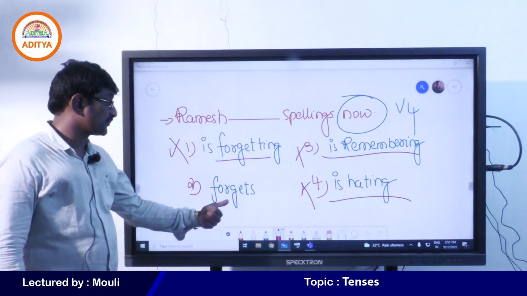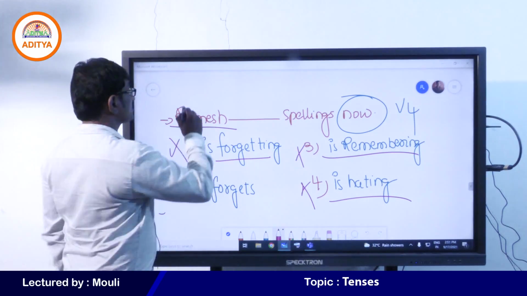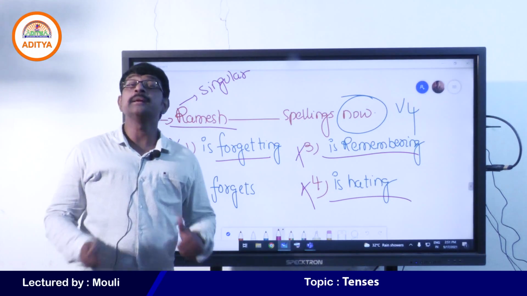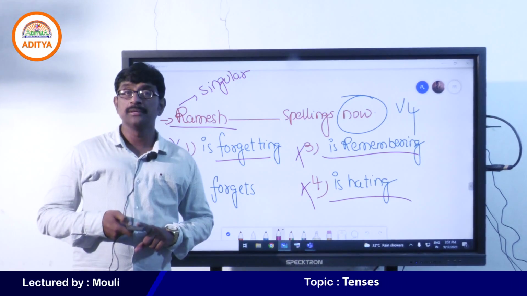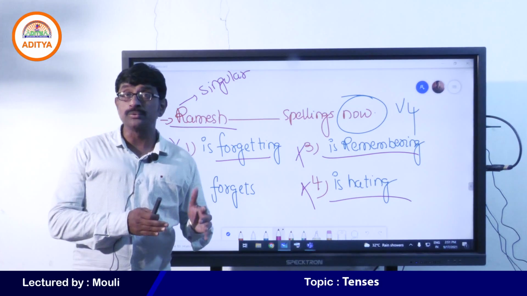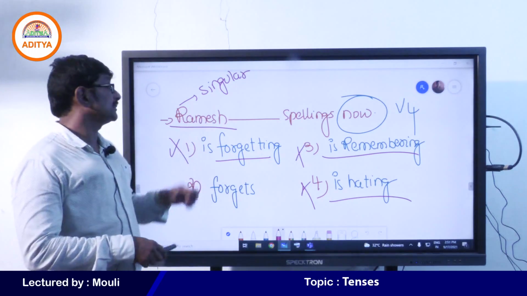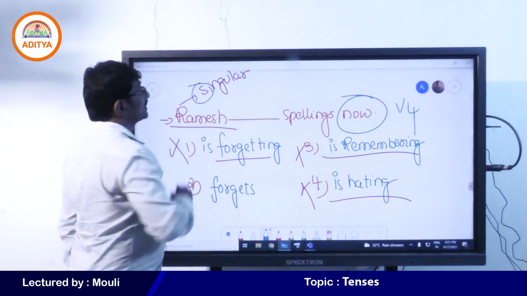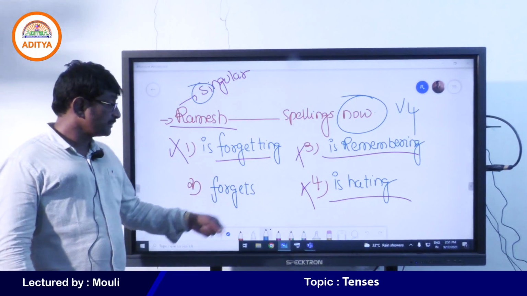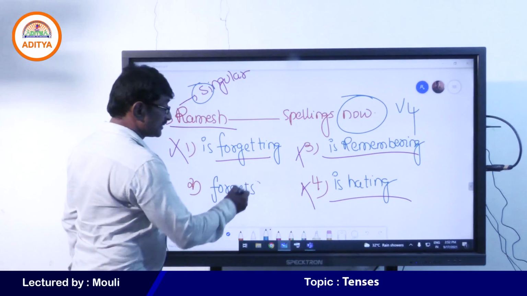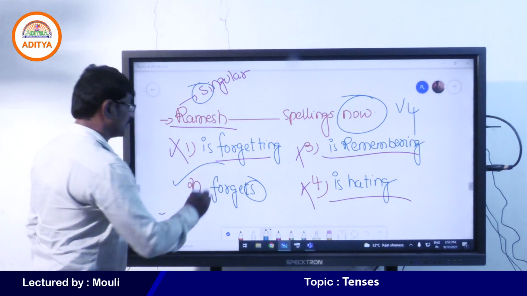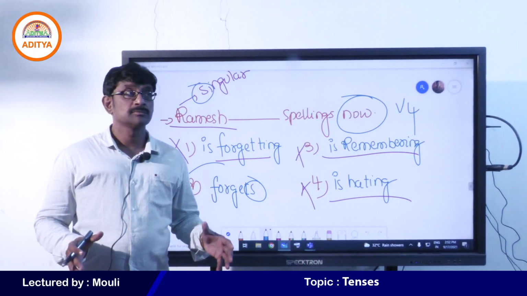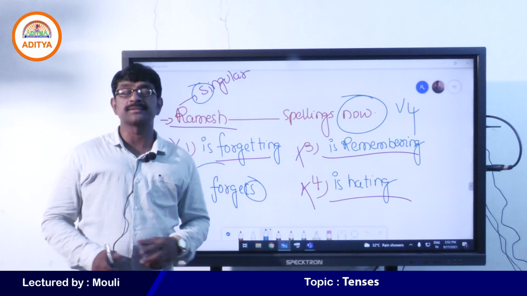Only one is left, that is forgets. So Ramesh means what? Singular. A name of a person, a name of an animal, a name of a thing refers to singular. So singular means at the end there will be S. So S is there, that is the answer. Ramesh forgets spellings now.